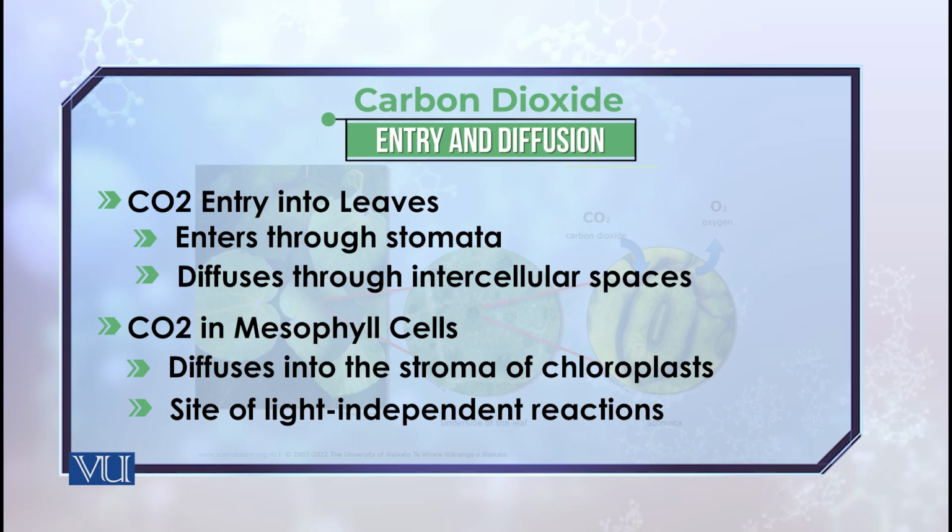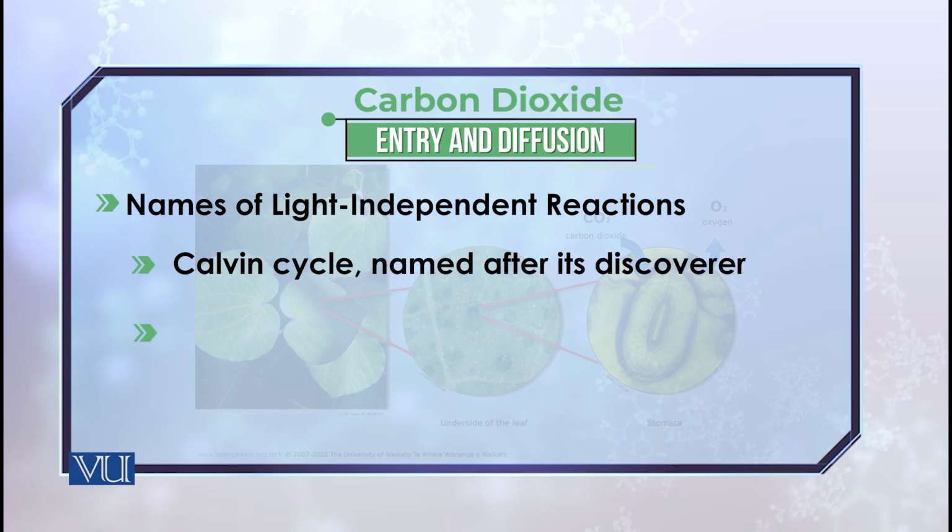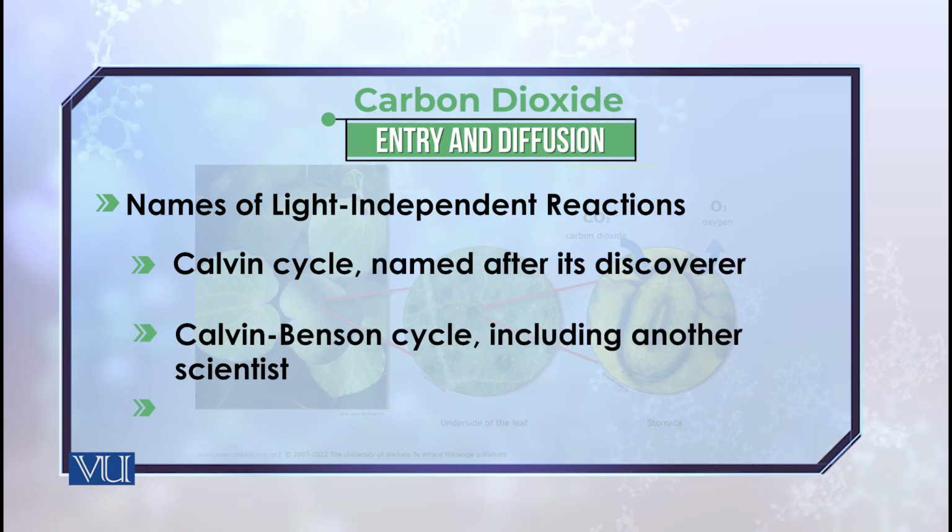For instance, the carbon dioxide moves into the mesophyll cells, into the stroma of the chloroplast in the mesophyll cells, and there this light independent reaction will occur.